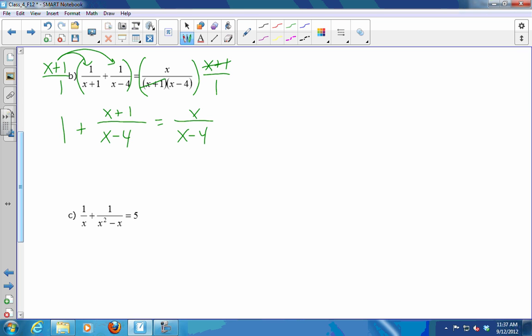So I've won a third of the battle, right? I've gotten rid of one of my fractions. One of them is gone. So I still have an x minus 4 in the denominator here. To get rid of things in denominators, multiply by them. So I'm going to multiply both sides of this equation by x minus 4.